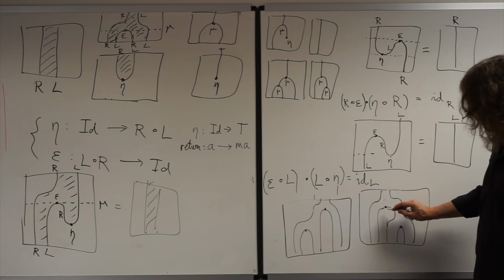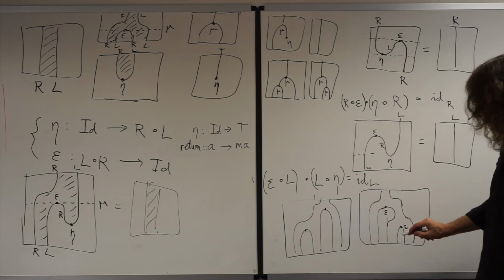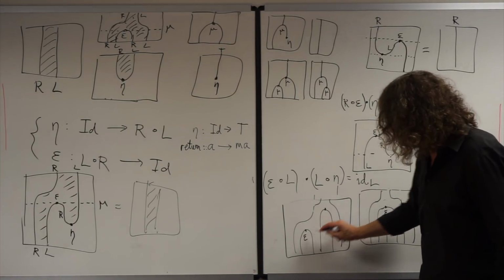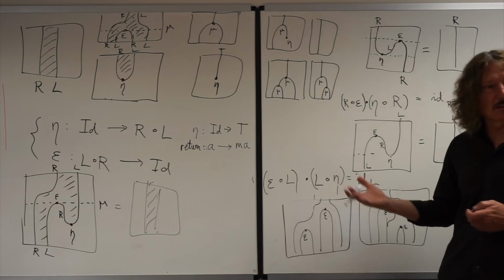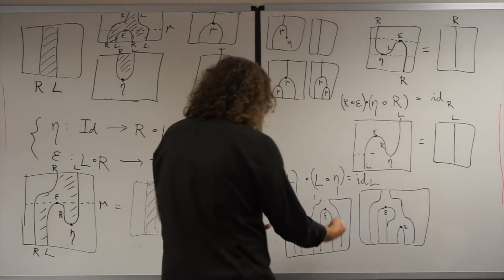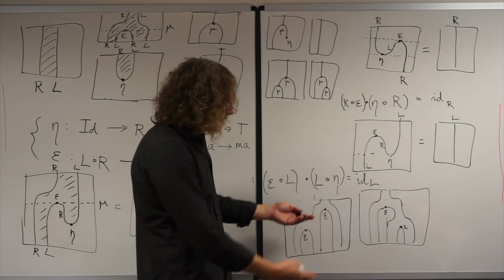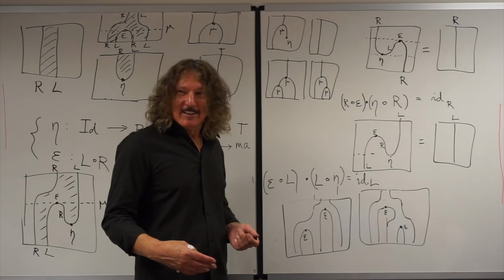So these are our epsilons. Epsilons are used to form mu. Co-unit gives us multiplication. So, as you can see, these diagrams are equivalent. I don't have to do anything.